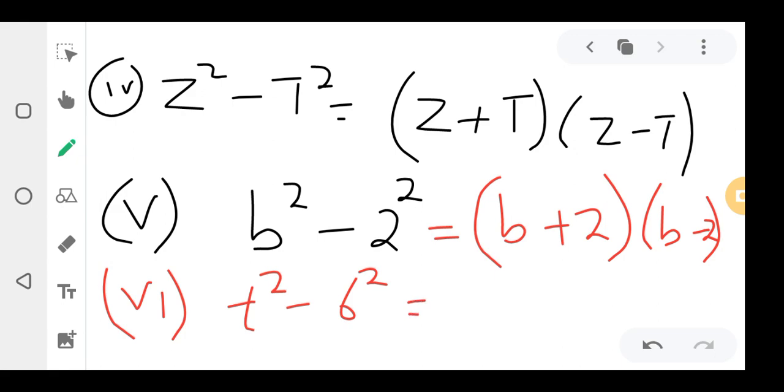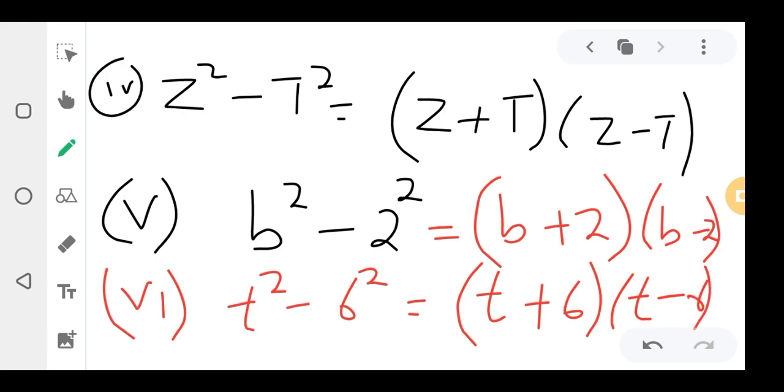You pick one t, plus 6, and then t minus 6. So that's how you do it. Whether it's numbers or letters they give you, you write them like that.